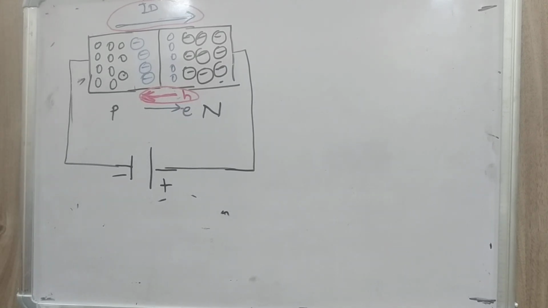So there are two conditions basically. First, the diode has to be forward biased, and there has to be some current flowing through the diode before reverse biasing. And then the second condition is applying the reverse bias voltage.